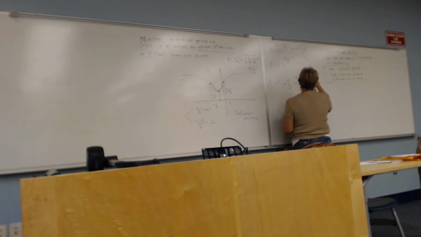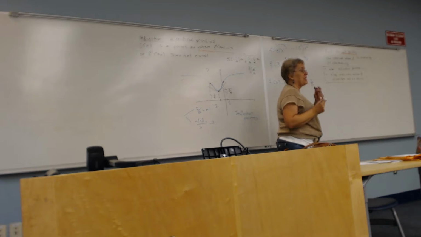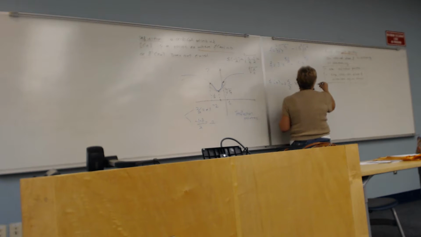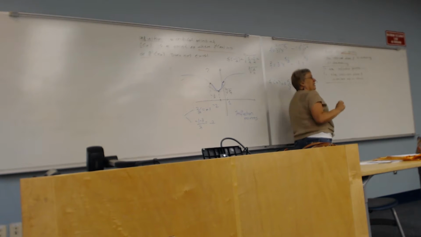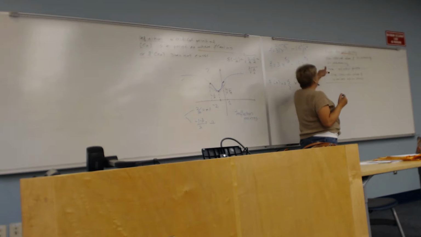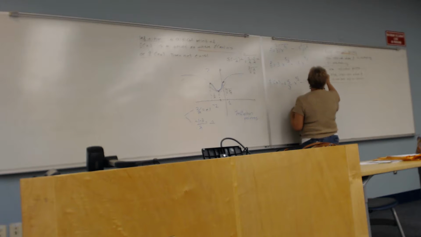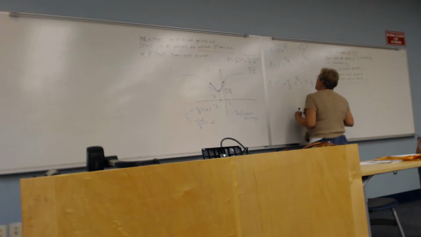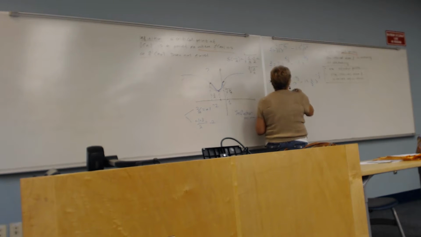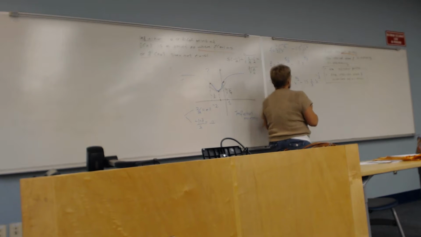Minus, because we have 15 times 2/3, that simplifies into -10. And then we have x to which power? So 2/3 minus 1 is -1/3, right?